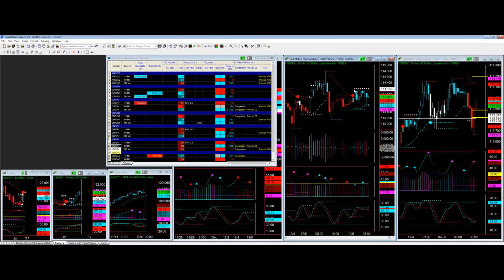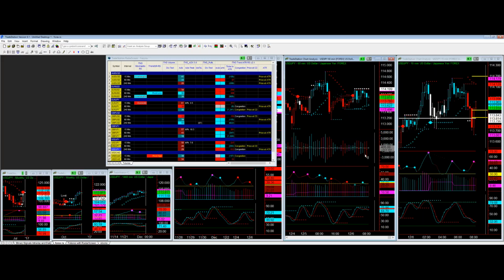Anytime the market is plotting these white dots, you can expect it to come back and test the ATR. When it comes back to test the ATR, you would want to see diverging volume. This one does not have diverging volume. And diverging volume simply means that as it came back to the ATR, the selling volume was decreasing.